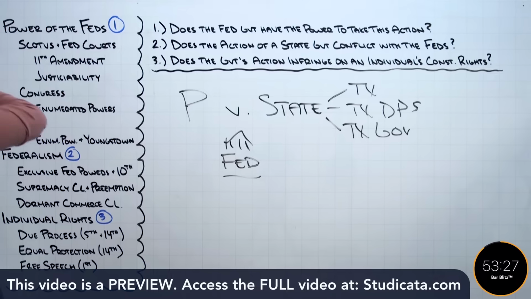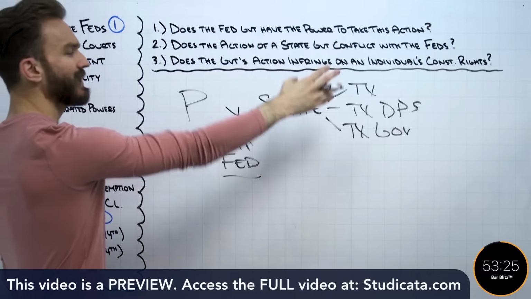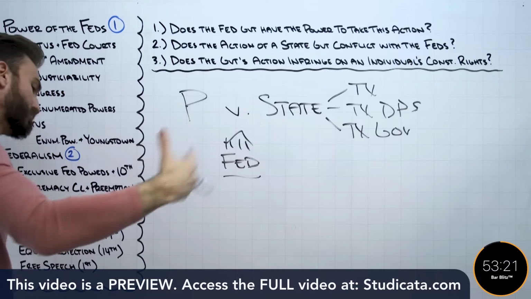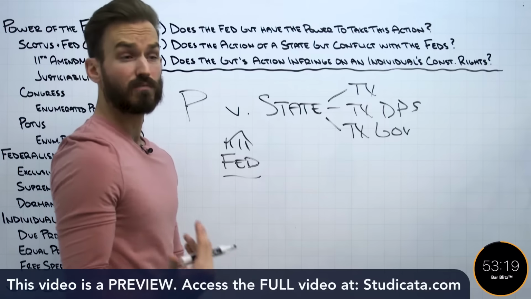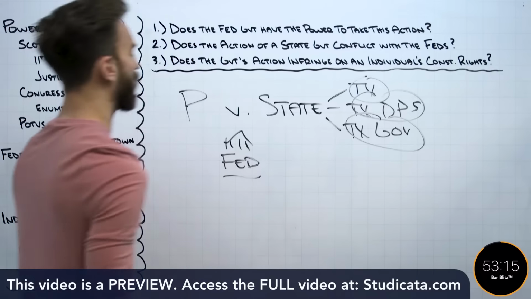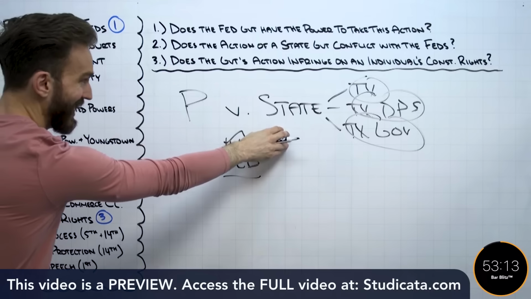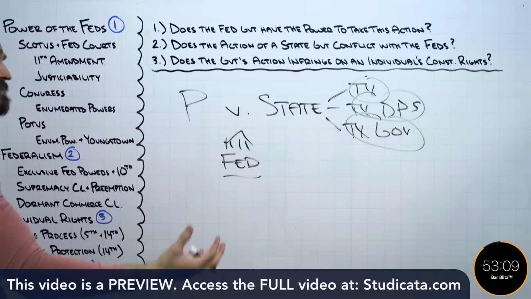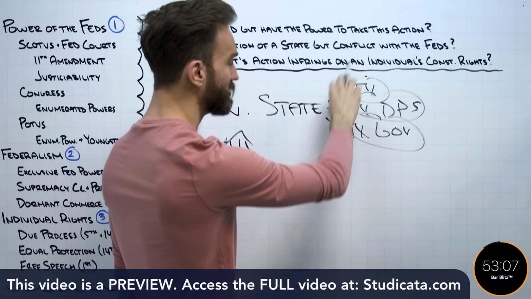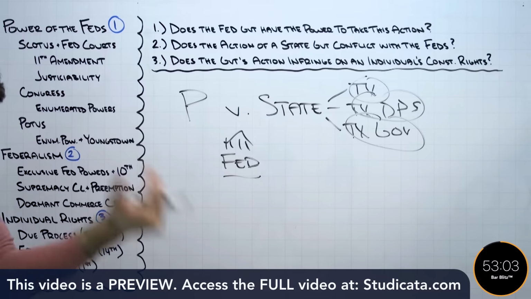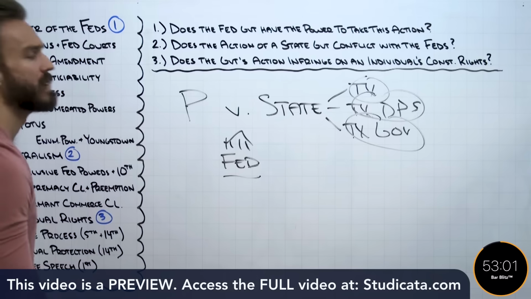So if a plaintiff is suing a state, a state agency, or a state official in federal court, our starting point rule is the 11th Amendment provides immunity if these defendants wish to exercise that immunity. If you see the state, a state agency, or a state official as a defendant in federal court, the 11th Amendment provides these agencies, the official, and the state immunity under the state sovereign immunity clause.